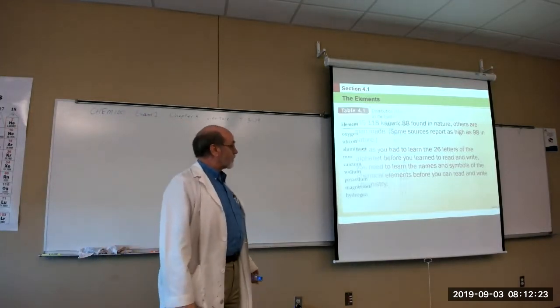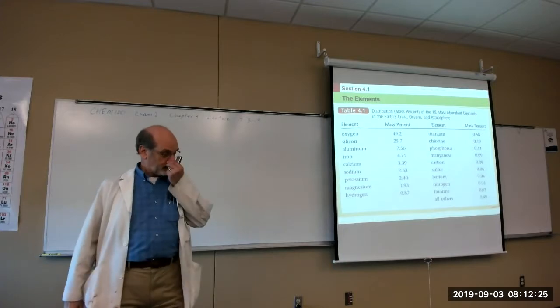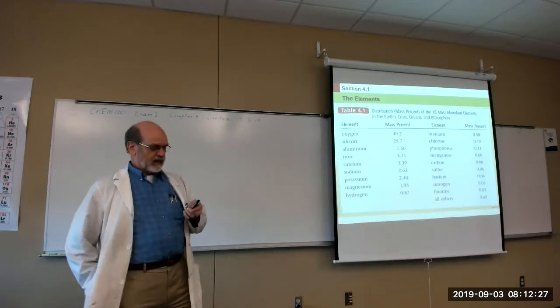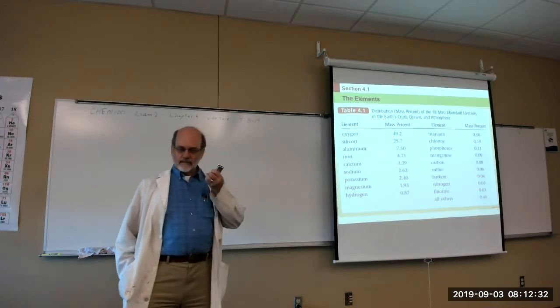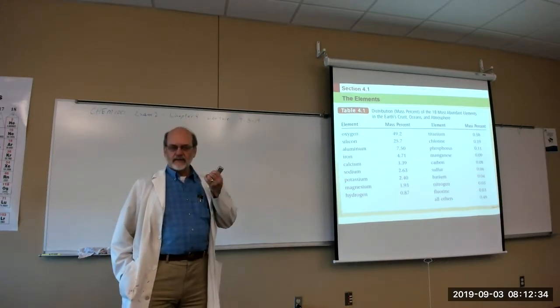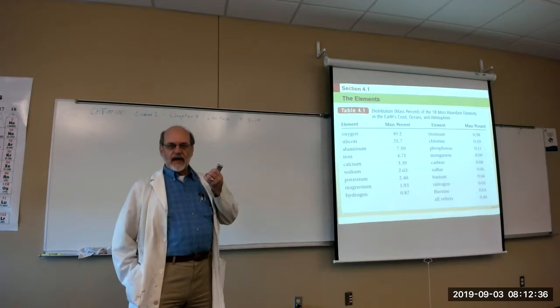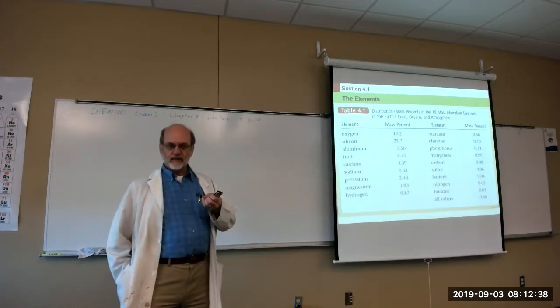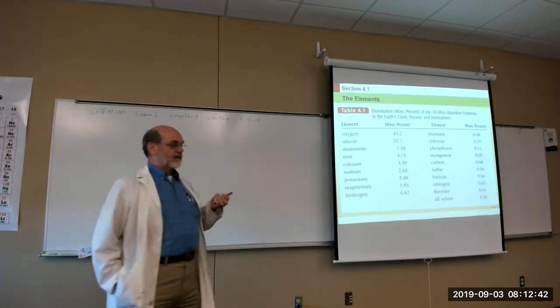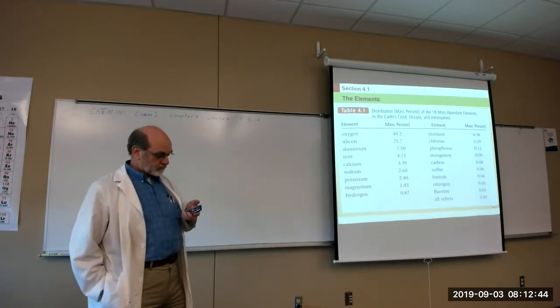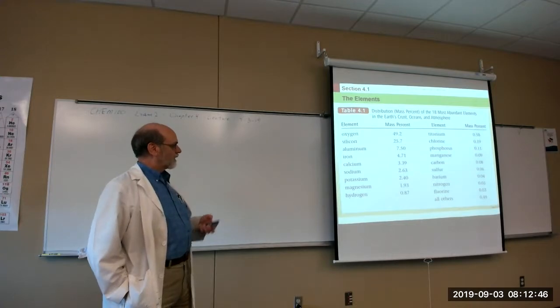But once you know those, then we're going to figure out what to do with them. And that's going to involve naming compounds. How do you put the elements together so that they're properly balanced? And then how do they react? So we'll get around to that.